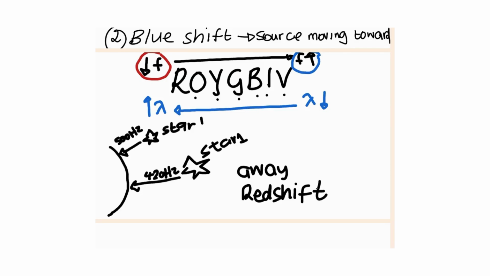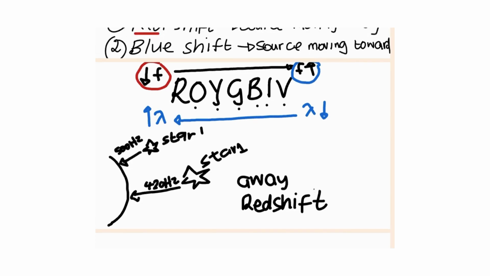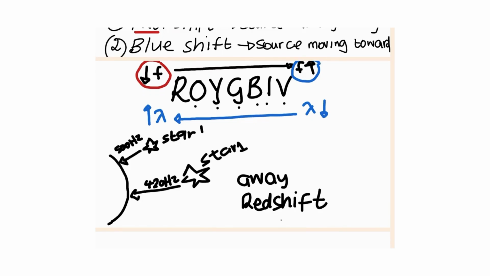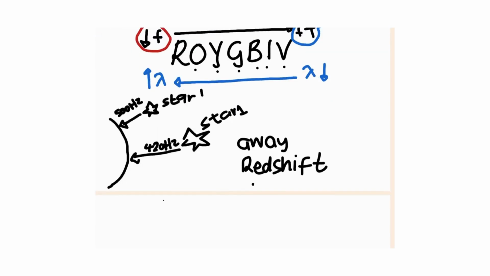So guys, this is all that we need to know about Doppler effect under light. You just need to know what blue shift and red shift are. If we are saying it's a red shift for star 1, it means it is moving away from the universe. Under this chapter your star is going to be your source of light.